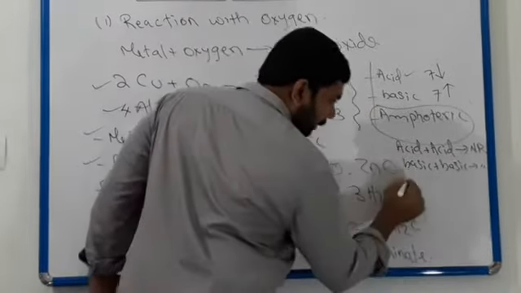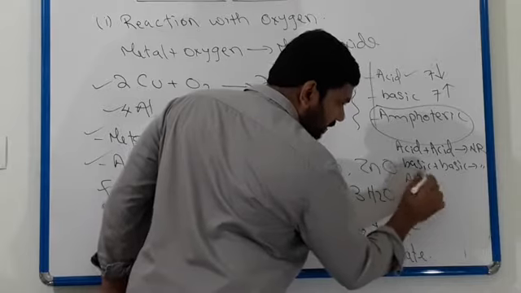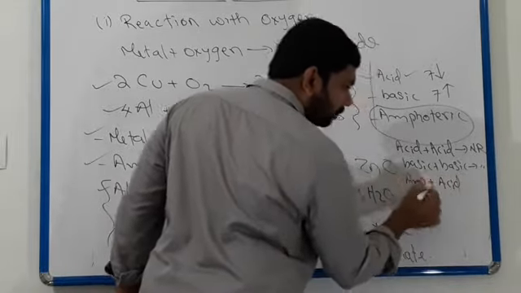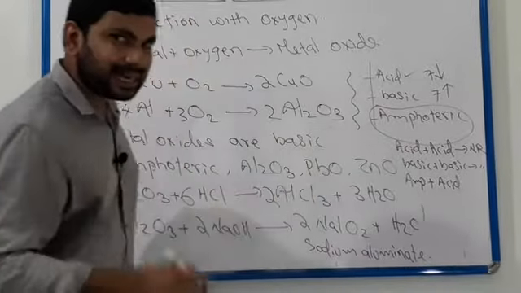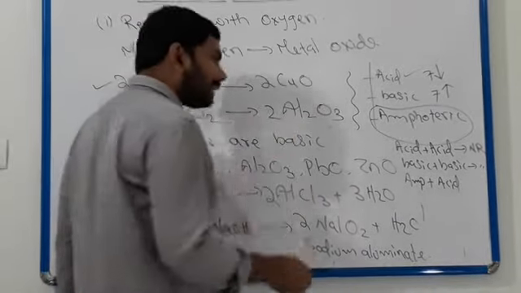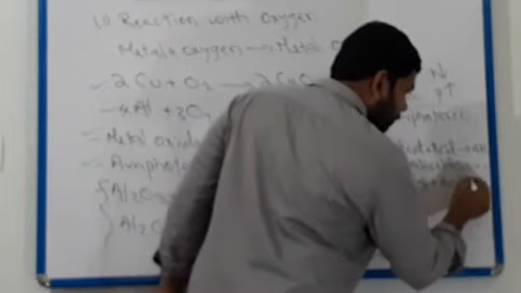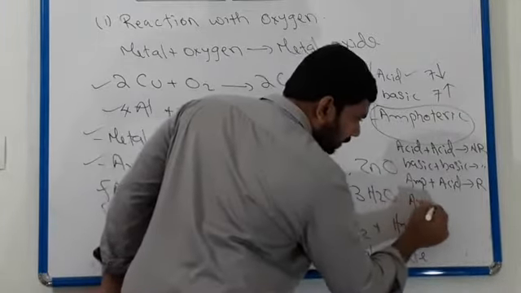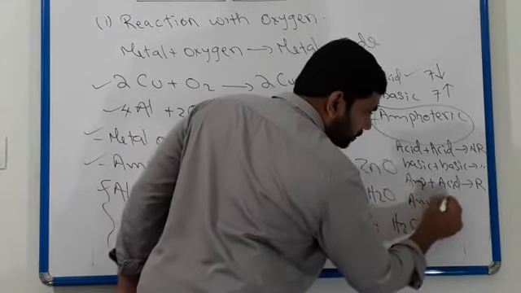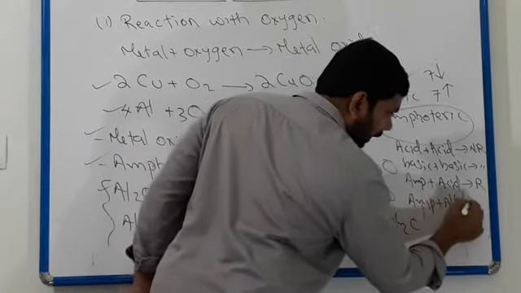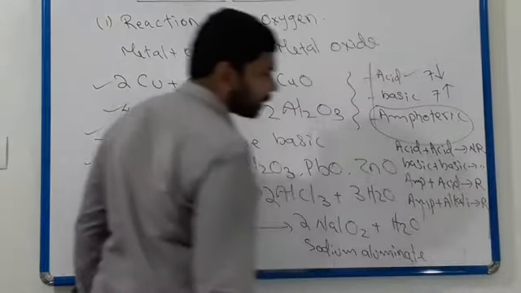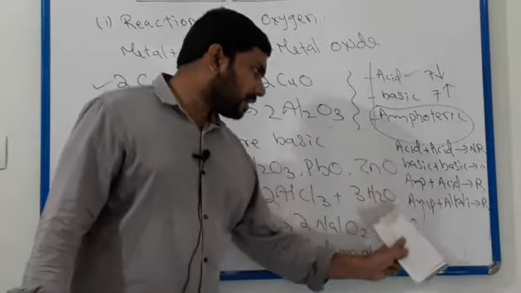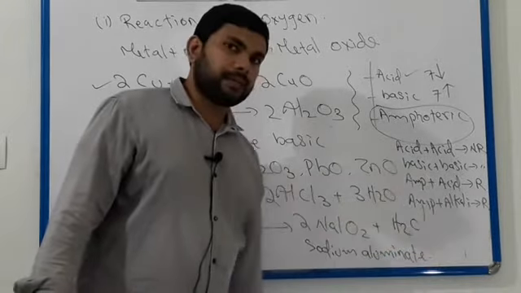But an amphoteric substance can react with an acid, because amphoteric means it shows both acidic and basic properties, so there will be a chemical reaction. Also an amphoteric substance reacts with an alkali, and there will be a chemical reaction. So an amphoteric substance reacts with an acid, and an amphoteric substance also reacts with an alkali. Clear?